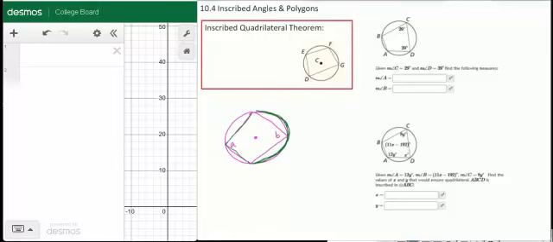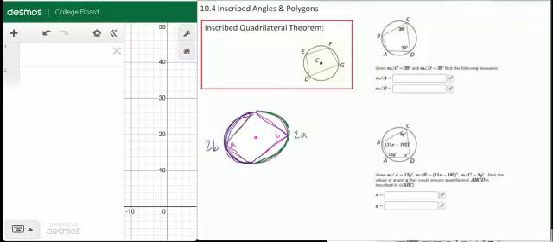An intercepted arc is what compared to its inscribed angle? It's double that, right? So this whole intercepted arc is going to be 2A. And if we look at the same thing for angle B, it is an inscribed angle, so it intercepts this portion of the circle. And that means that whole arc measure would be twice B.